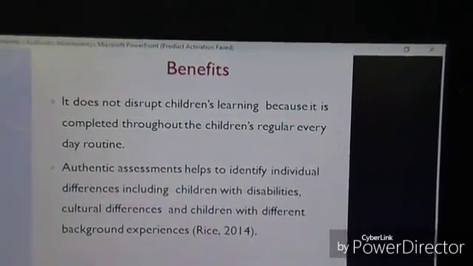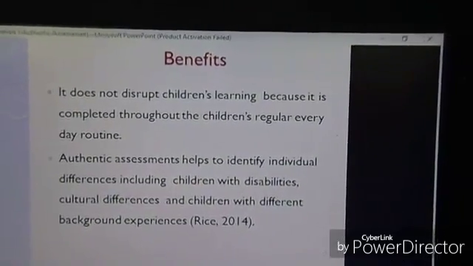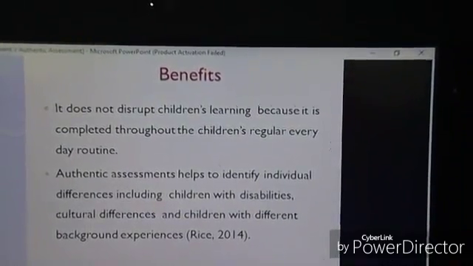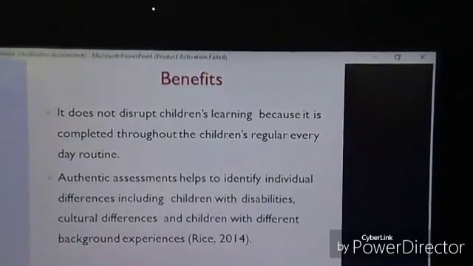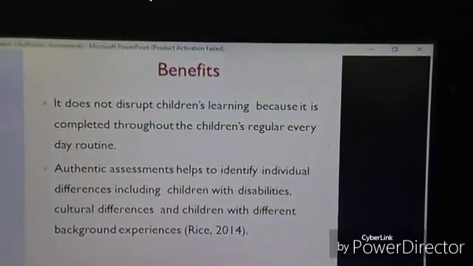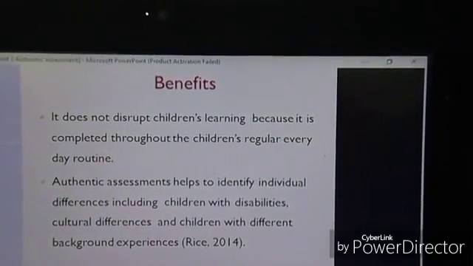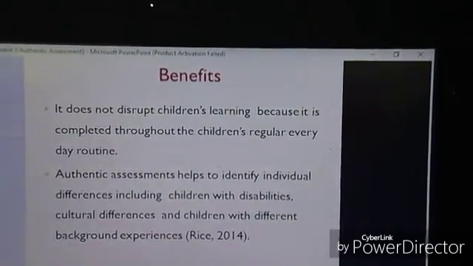Authentic assessment also helps to identify individual differences, including children with disabilities, cultural differences, and children with different background experiences. Another benefit that is derived from authentic assessment would be that learning and development are most likely to occur when new experiences are added to what the child already knows or already is able to do.